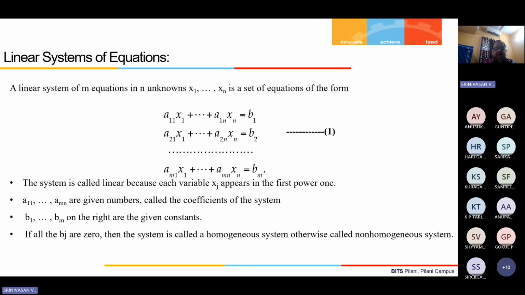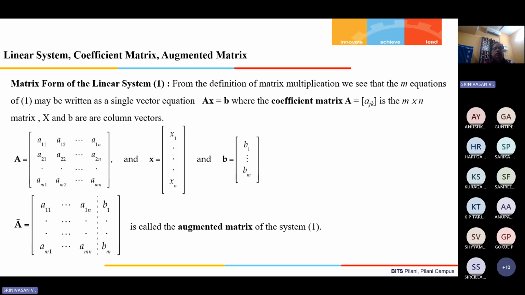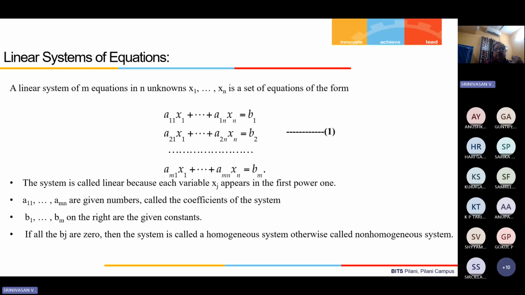When you have the linear system of equations of the form 1, we will refer to the whole set as equation 1, because every time instead of saying all this, we can say this is a system of equations or set of equations. We will use the word system. Refer to it by equation 1 hereafter.